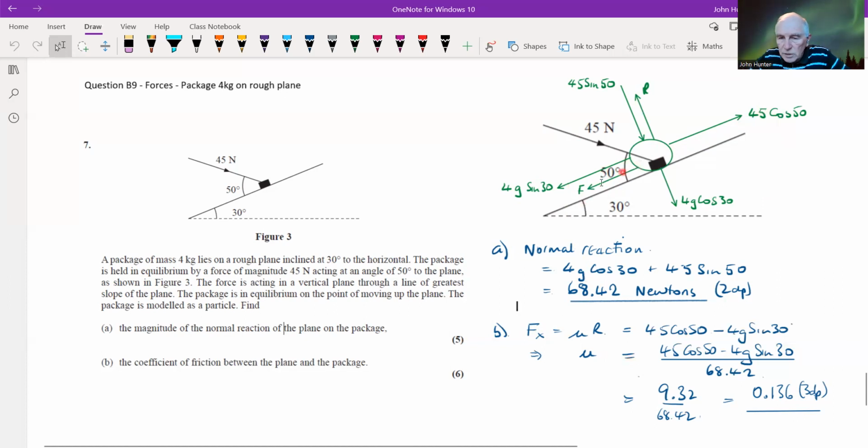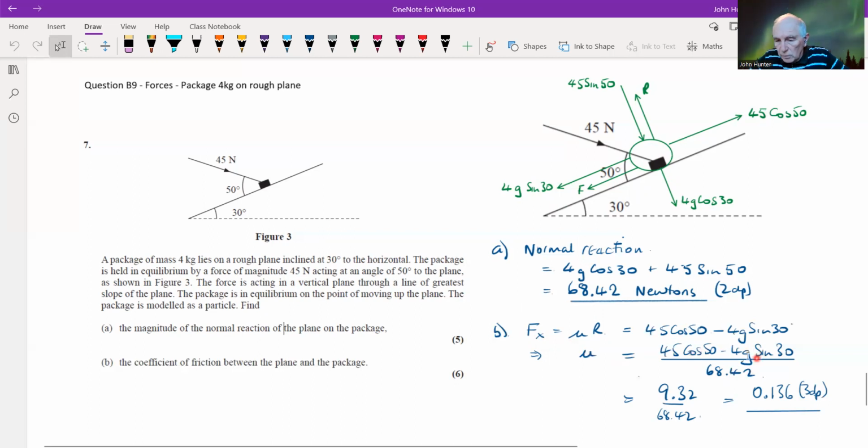But anyway, this force, which we know at this point in the problem is actually at the maximum, is equal to this force, 45 cos 50, minus this force, 4g sin 30. Okay, so just rearranging that, if we divide both sides by the reaction force, which we've already worked out to be 68.42, then we've got this expression for the coefficient of friction, mu, the Greek letter mu. Is that divided by that?